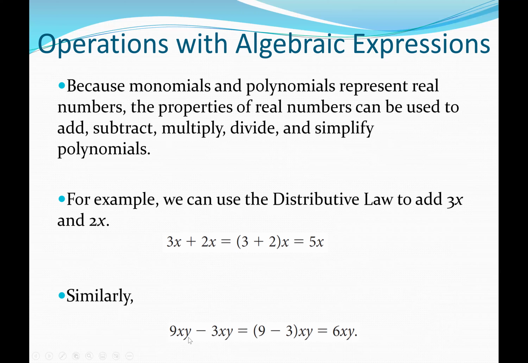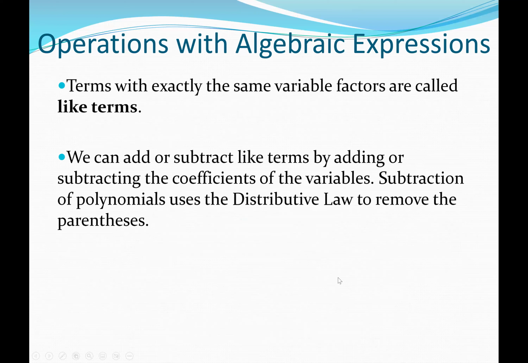The second example here, 9xy minus 3xy. Again, the terms are the same, xy and xy. So I can subtract 3 from 9. So it will be 9 minus 3 times xy, which will give us 6xy. The general rule here is that terms with exactly the same variable factors are called like terms.